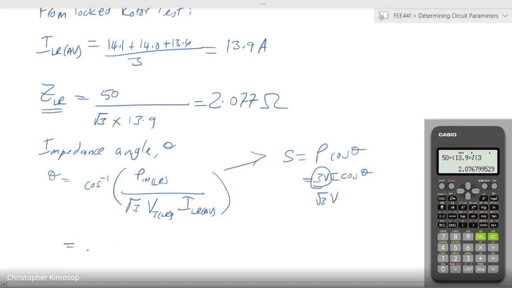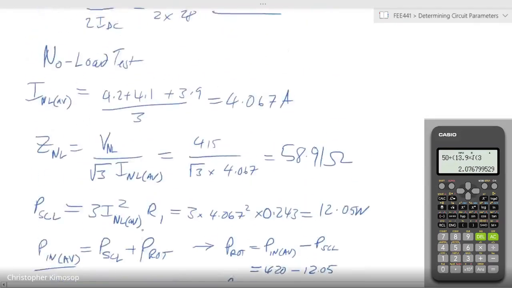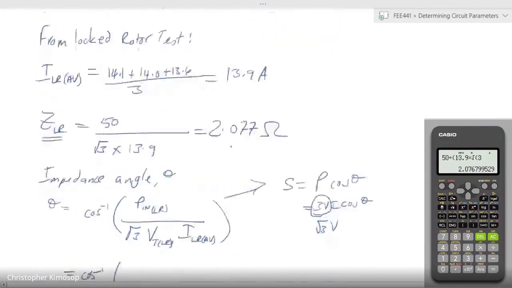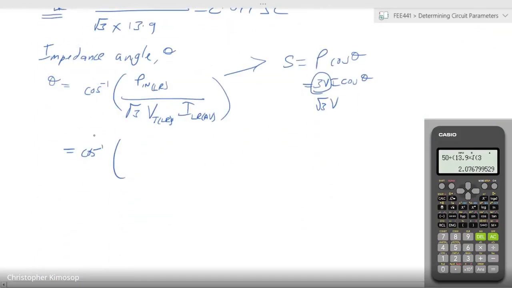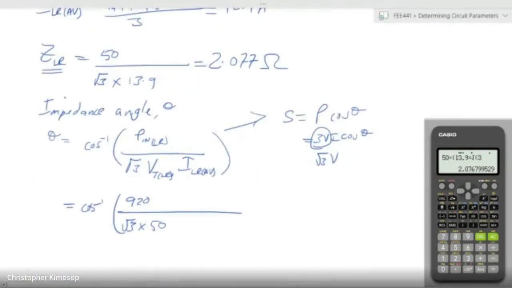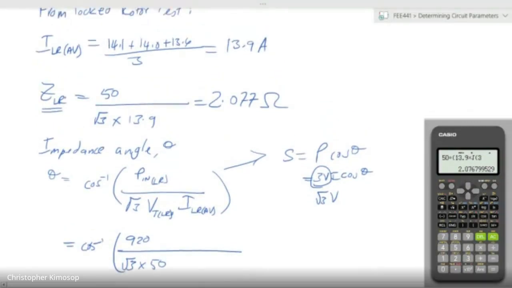So let's look at it in terms of the actual figures. So we will have the input for locked rotor, which was 920, over √3 times 50, times the current we have just calculated, which is 13.9.